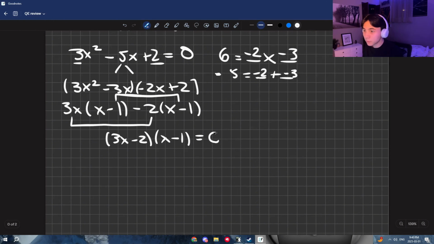Now we can individually set each bracket equal to 0. So 3x minus 2 equals 0, and x minus 1 equals 0. Then we just isolate for x at this point.